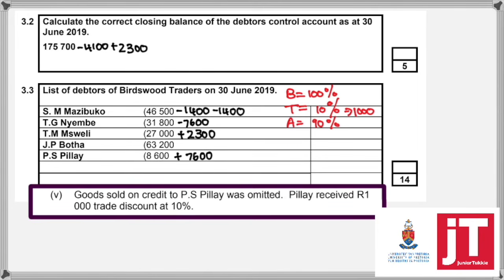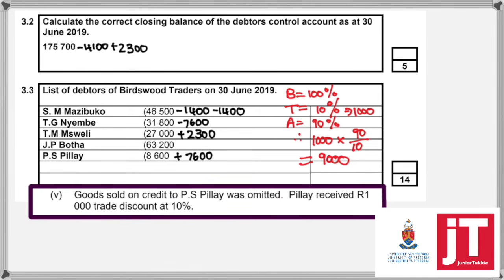So now what have they provided you with? They provided you with the 1,000, which is the 10%. And what is it that I want to calculate? I want to calculate after the trade discount. So to calculate the amount after the discount, we have to say 1,000 times 90 divided by 10. Remember again, trade discount, we never ever show the trade discount amount. We always show what is the amount that this person owes us after the trade discount has been given.